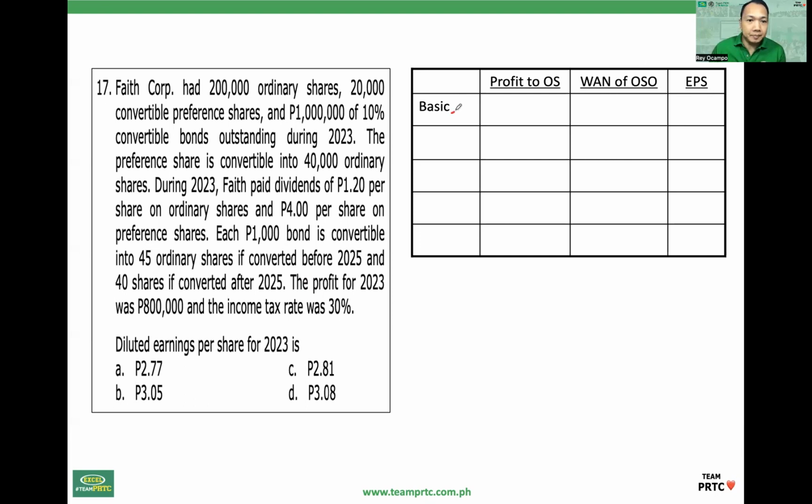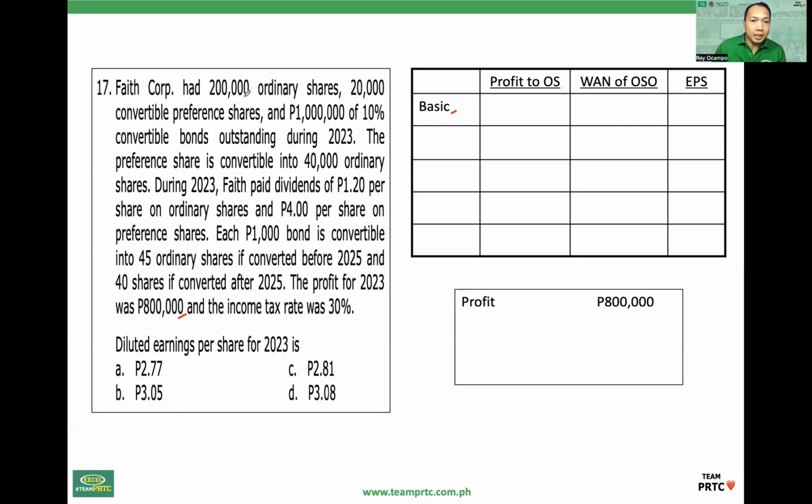First, the basic. Okay, so profit given, this one. So, that's 800,000. Take note of the tax rate, ha? That's 30%. Okay, so the securities in issue.